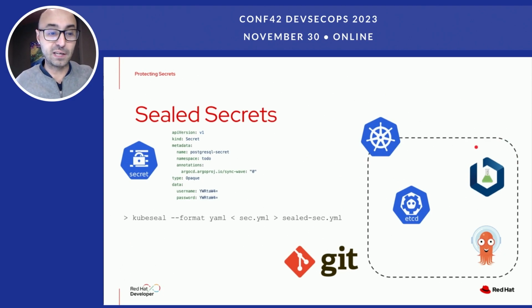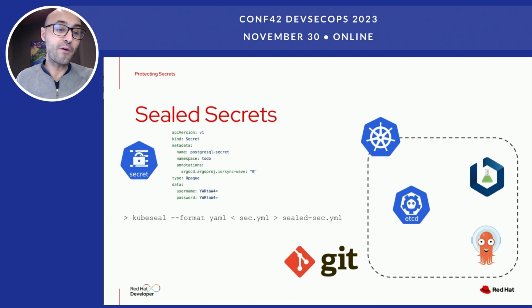Then I'm going to use kubeseal with format YAML, because this is a YAML file, and I want to introduce as input the manifest, the secret without being encrypted, so that's the native secret, and then I want to have an output which is going to be the sealed secret. So this is going to be a new YAML file where the data of the secret is going to be encrypted.